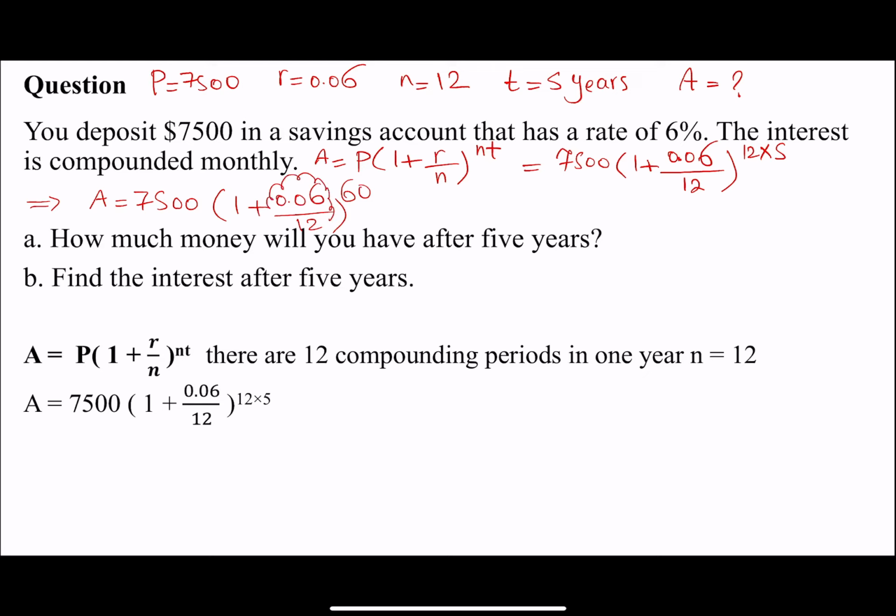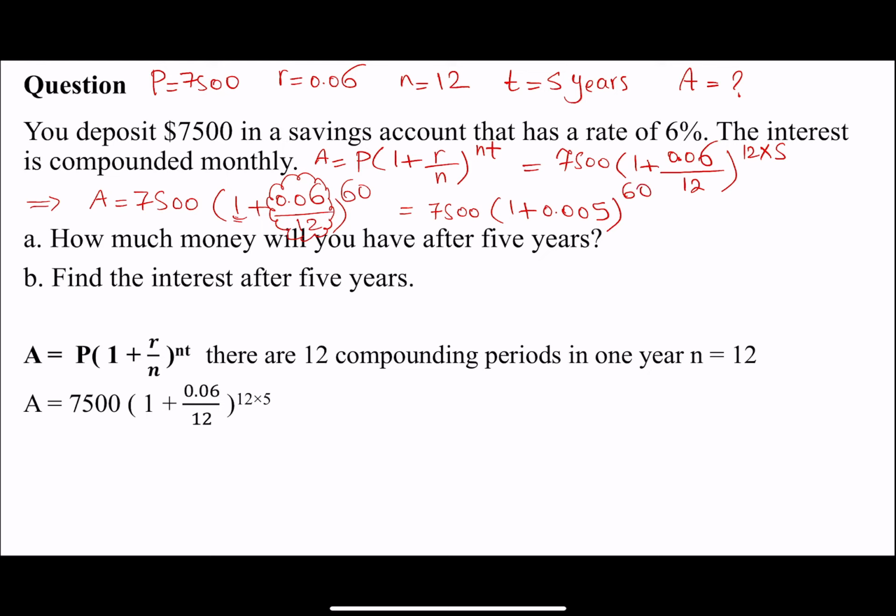You need to find out this value. Whatever it is, add it to 1. Always. So A is equal to 7,500 times 1 plus 0.06 divided by 12, so it's 0.005, to the power of 60.